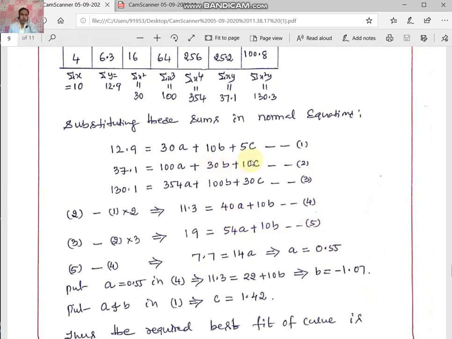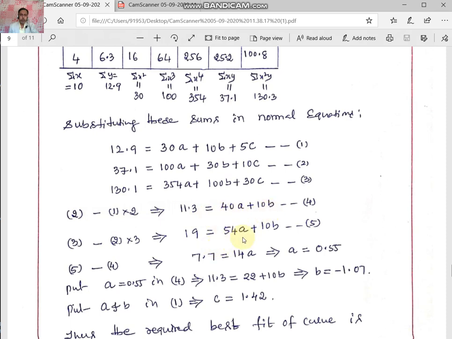So how to solve these three equations? You can observe from 1 and 2, let us eliminate one constant. Multiply equation 1 by 2 and then subtract this result from equation 2, that is 2 minus 1 into 2 gives 11.3 is equal to 40a plus 10b.